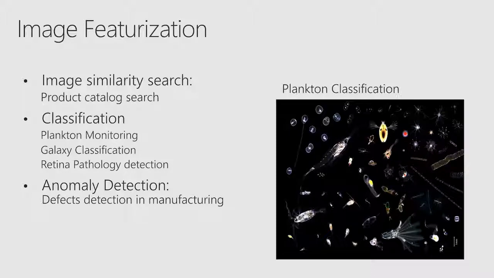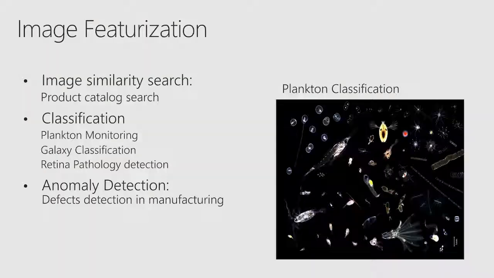That might be very critical to understand the health of our ecosystems. These are very difficult problems to automate unless you have the technology for processing images. And finally, in manufacturing, often you're trying to detect anomalies and defects in parts, and you want to do it at high volume, at high speed, and high accuracy.